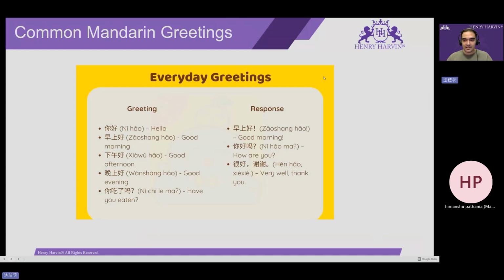And 谢谢 means thank you in general. So generally, if you use a personal pronoun in this sentence, we often say 我很好, but it can also be a direct answer like this, 很好,谢谢, because it denotes the same kind of response.